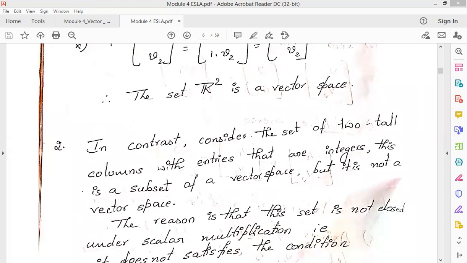For the column space of matrix A, it can be written as column of A is equal to span of, where the first column elements are 1 and 0. So copy that, 1, 0, comma, the second column elements are minus 1, 0.